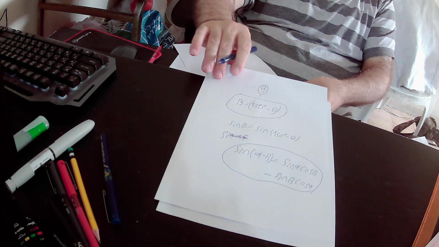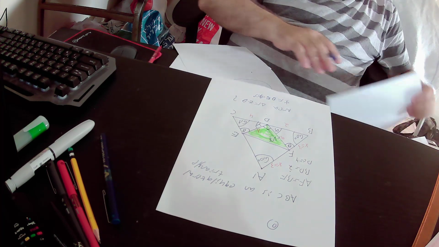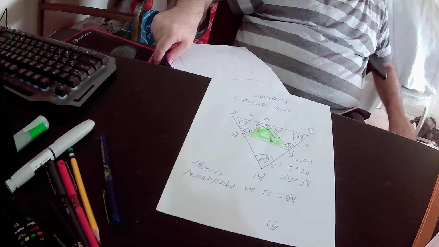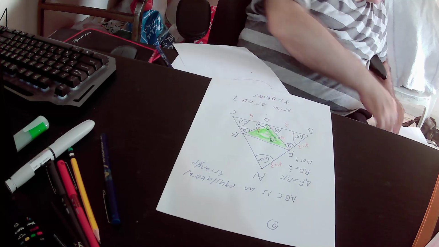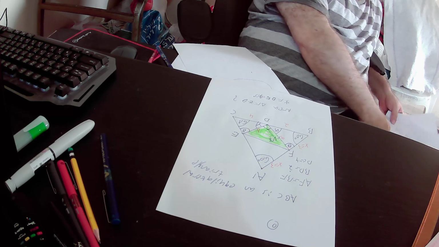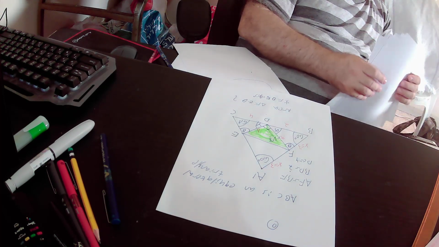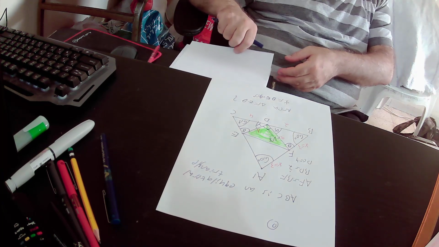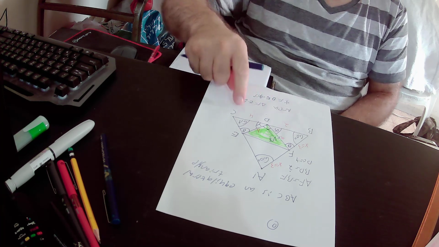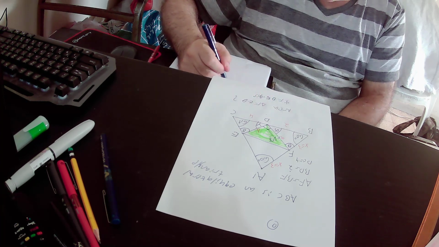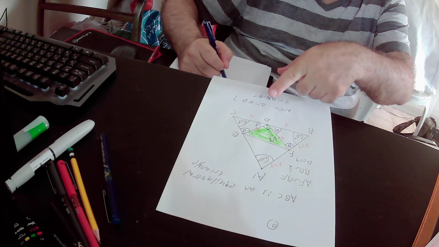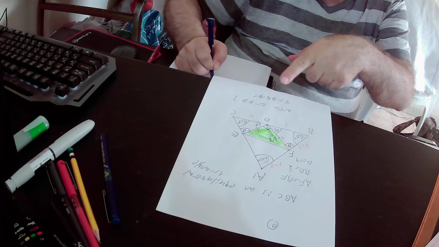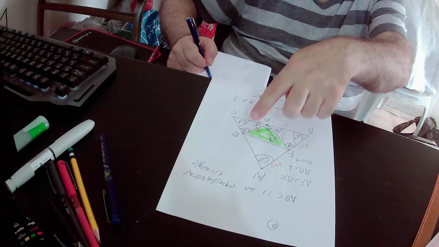In the next step, we will implement the law of sines in triangle DEC in order to find out the value of b. According to the law of sines, b over sin 60 degrees equals 4 over sin beta.